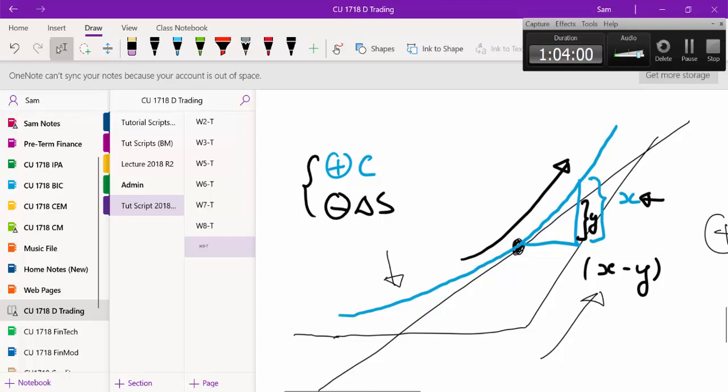Now, something similar is happening on the other side. So if the market is going up, then you make money here, but you lose money here. But you are making more than what you lose.